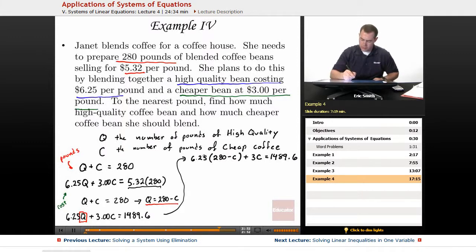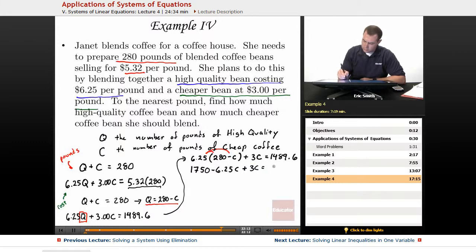Let's distribute through by the $6.25 and see what we get. So 1750 minus 6.25C plus 3C equals 1489.6. All right, looking good so far.